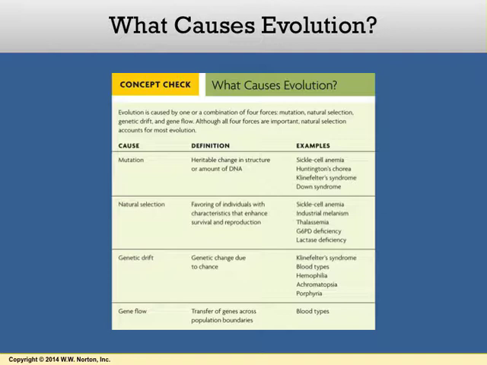Novel genes can also be introduced into the population from neighbors via gene flow, as can be seen in the distribution of blood types across Eurasia. Finally, small populations can become isolated and experience genetic drift. In the next chapter, we'll examine how these 4 forces of evolution have shaped the pattern of variation seen across human populations today.